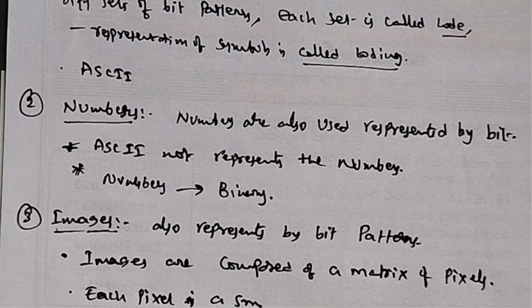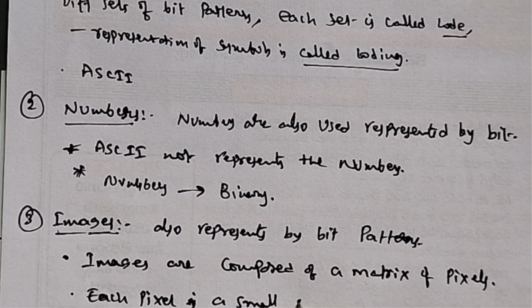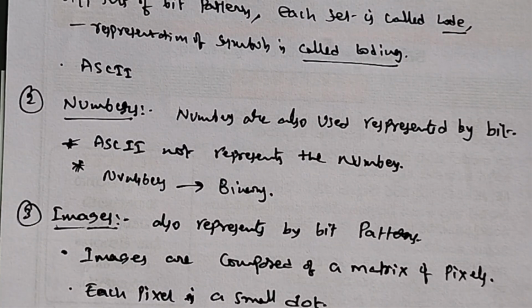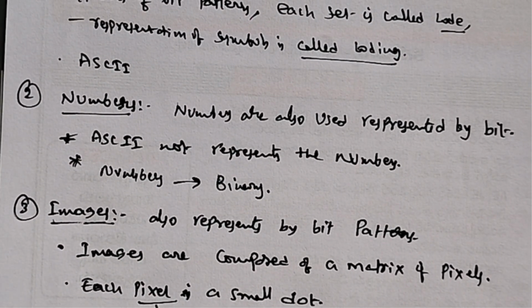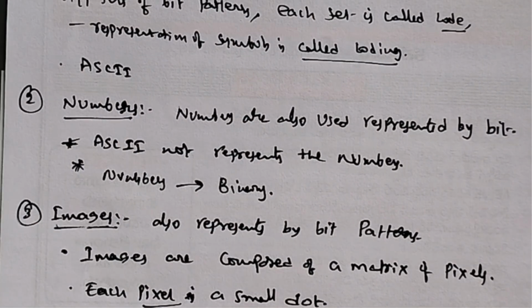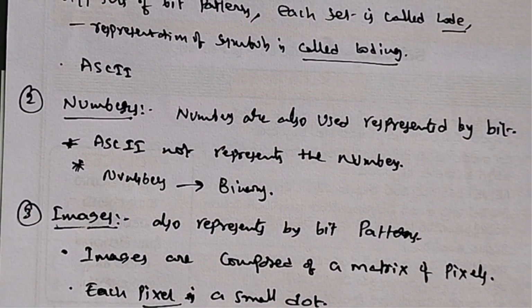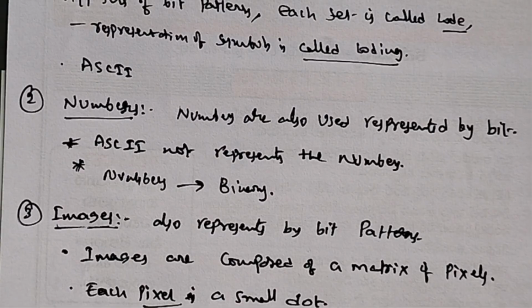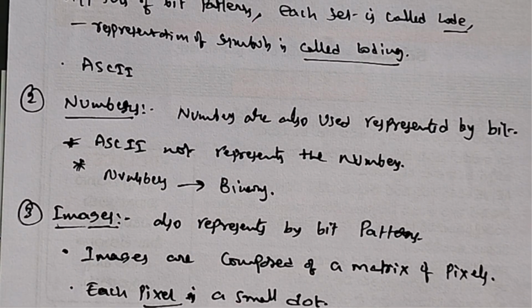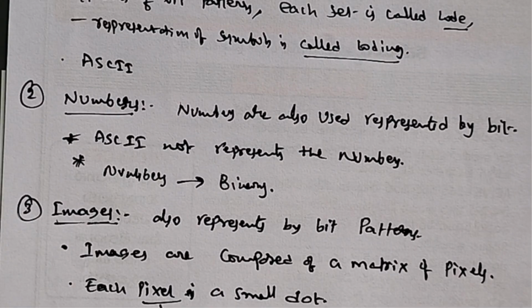The size of the pixel depends on the resolution. For example, an image can be divided into 1000 pixels or 10,000 pixels. It depends on the resolution of the image.